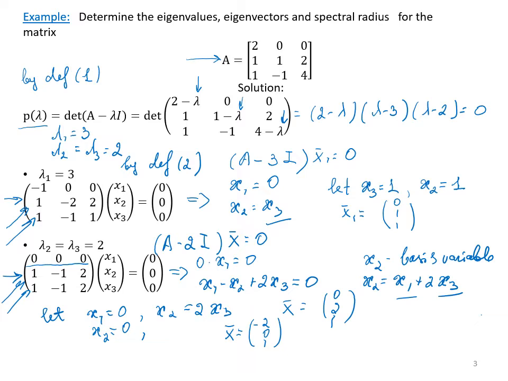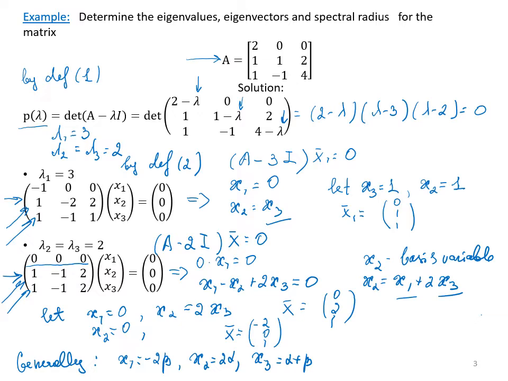And this plane, more generally, we can express as follows. Let's say x1 equals minus 2 beta, x2 equals 2 alpha, then x3 will be alpha plus beta.